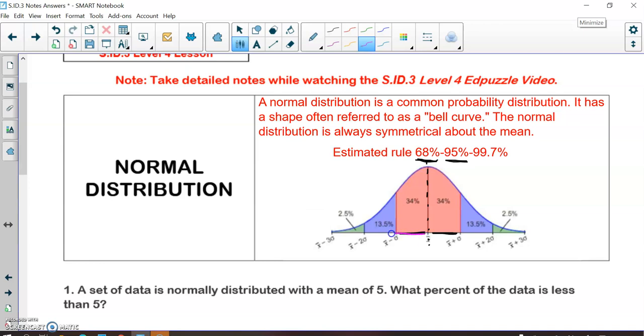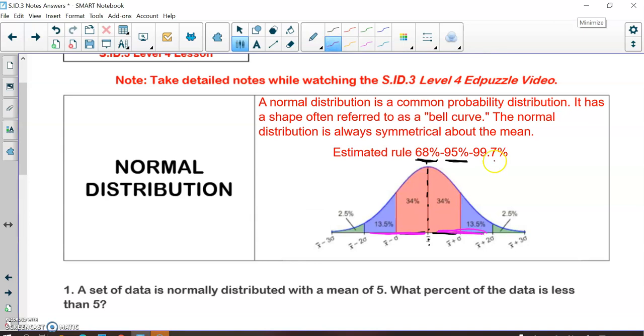And about 95% of your data values will fall within two standard deviations of the mean. So there's about 13.5% plus 34% of your data values that fall within two standard deviations below the mean, and 34% plus 13.5% of your data values fall within two standard deviations above your mean.